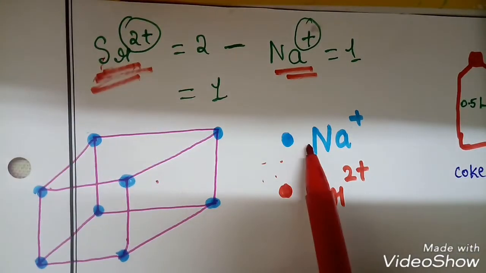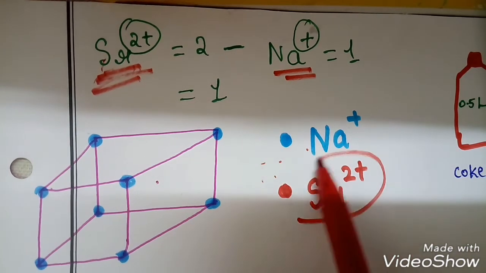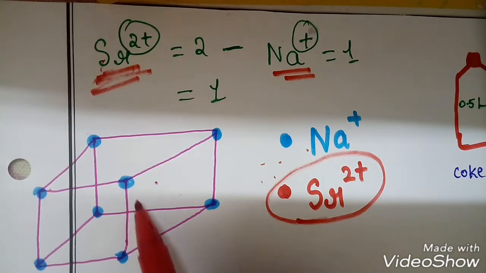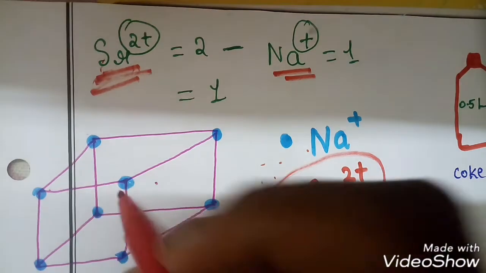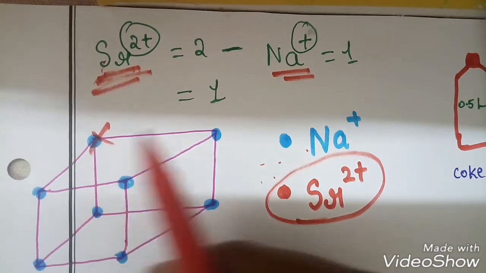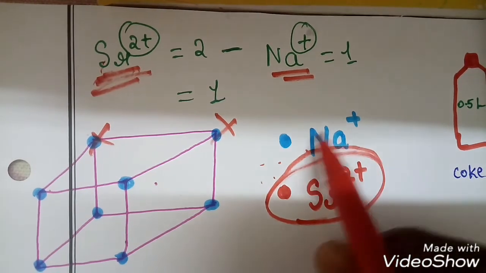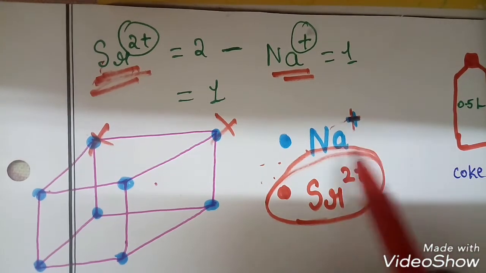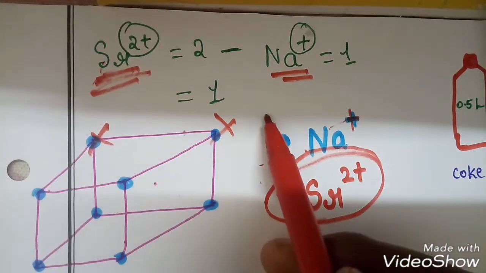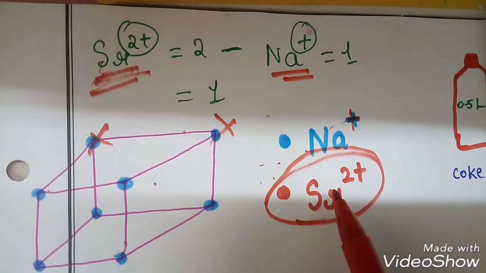So if this strontium has to be introduced as the dopant, 2 Na plus ions must be removed in order to introduce one strontium ion, because sodium valency is 1 and 2 sodiums make 1 strontium.